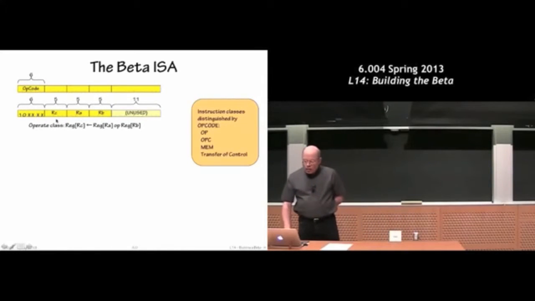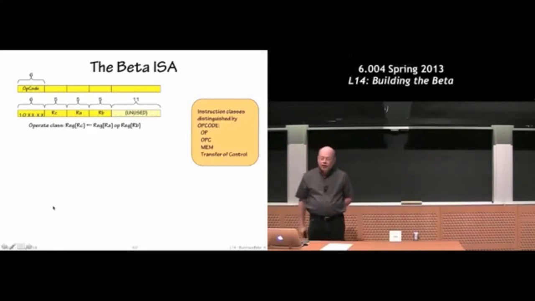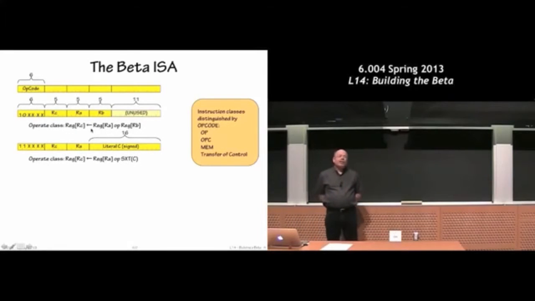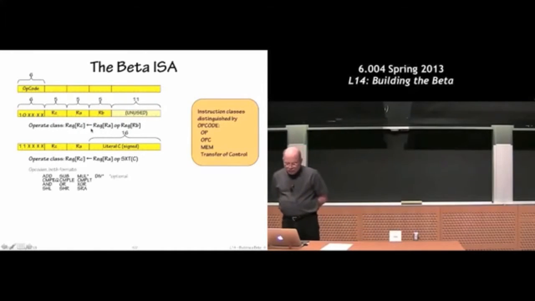And then we can choose to write our result back into a 3rd element. So that's one format of instruction. We have a second format of instruction which is very similar, except that the second operand, instead of coming from the RB register, will actually be a constant that will be built from part of the bits of the instruction itself. And I'll say more about that in a second.